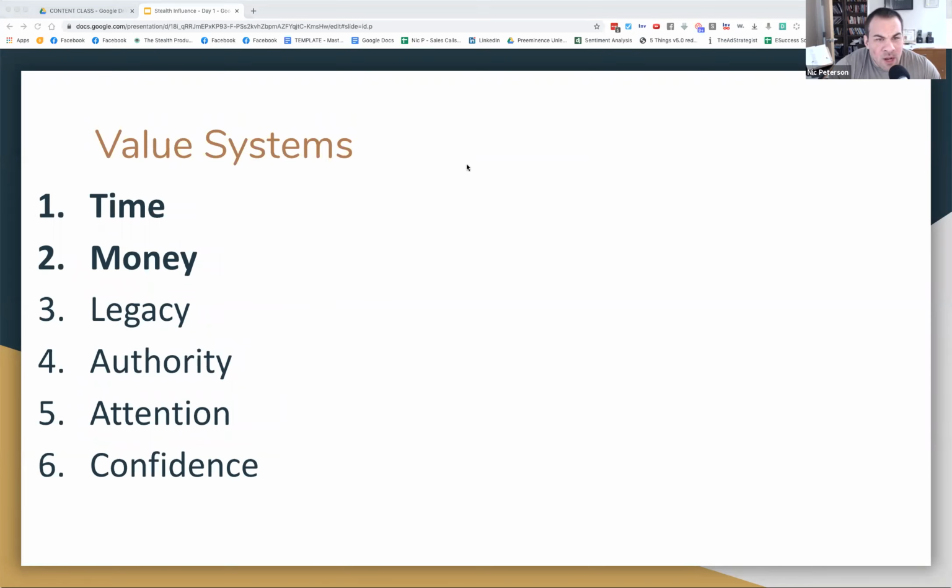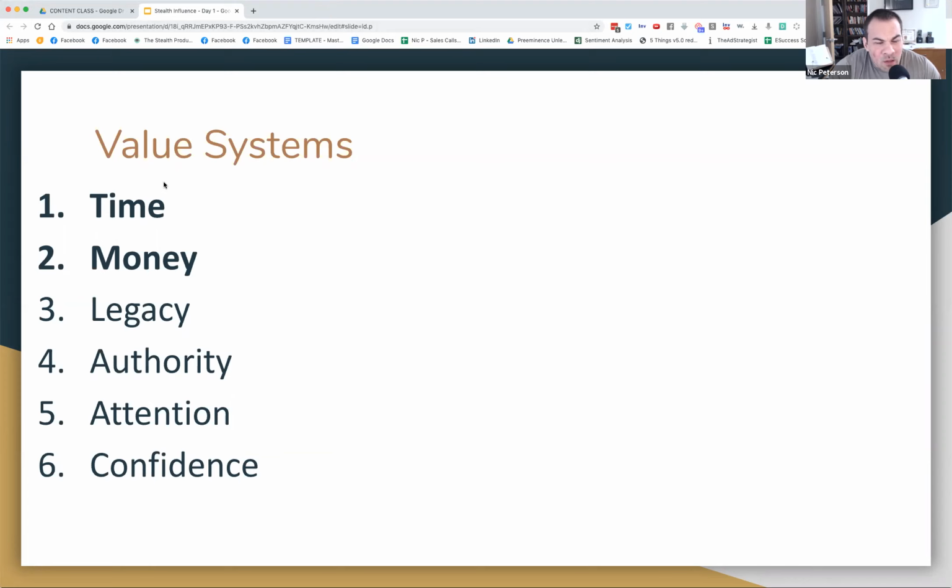Okay, the other thing you need to learn how to speak to is value systems. This is what I do probably better than anything else. In your content, everybody speaks to time and money. That's great. Time or money. But there are other currencies that people value: legacy, authority, attention, confidence. Some people do really well just selling fame, right?